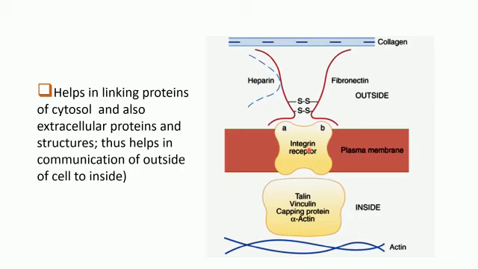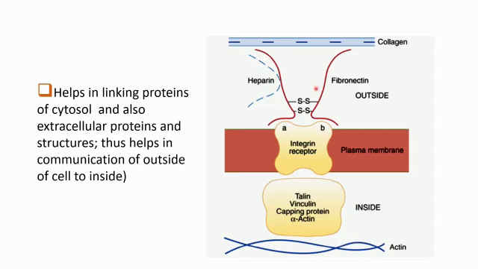Now this integrin receptor in turn is binding to some of the important proteins present in the cytosol. Some examples are talin, vinculin, capping proteins, alpha-actinin, etc. If you can remember one or two names, that will be fantastic. Talin, vinculin, etc. And these proteins then bind with some of the cytosolic proteins which are involved in cell movement, cell motility, etc., like actin.